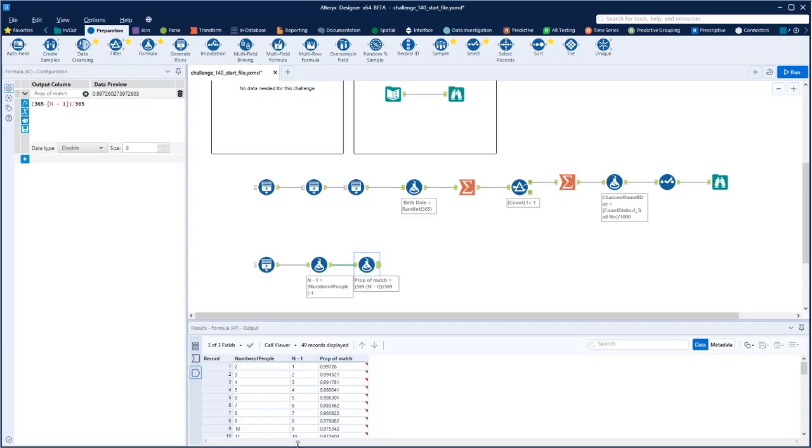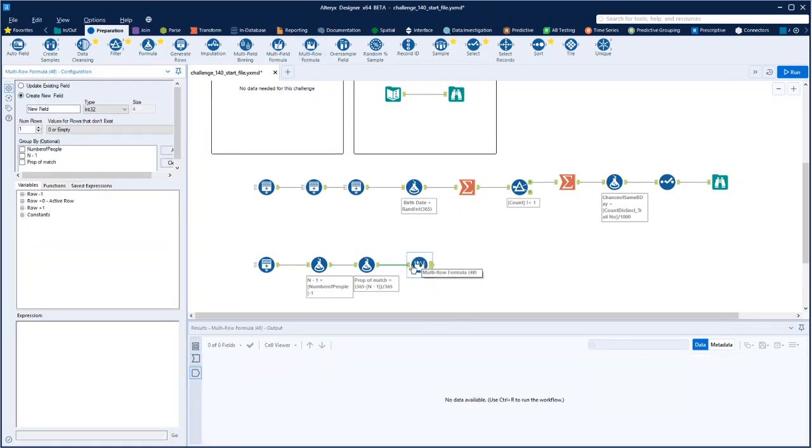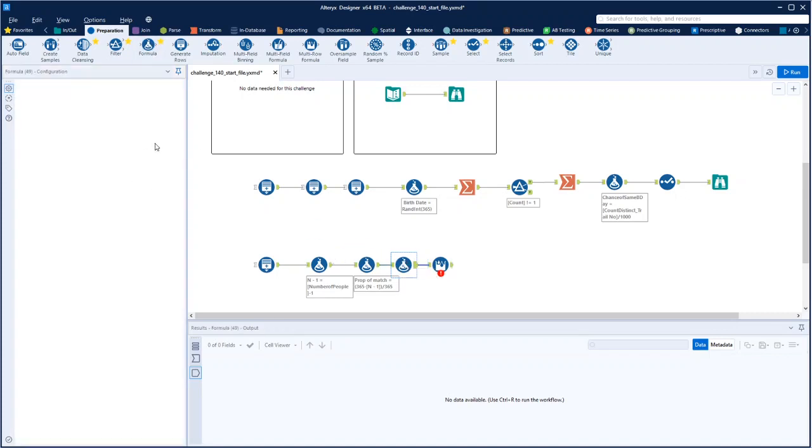So I think what we can do there is a multi-row formula. But first, because you can only select 0 or closest value for the first one, otherwise it will mess up, I think we need to put in a value to start with, and we'll just call it running prob of match, and that will simply equal 1 just to get us going.